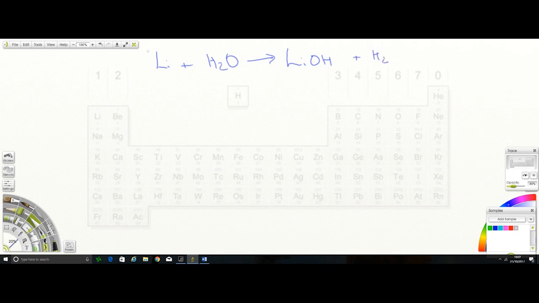Now remember, the way to balance the group 1 reaction with water is simple. It's a 2, a 2, and a 2, right? So you guys pause this video, see if you can do a balanced equation for the reaction of sodium and potassium with water.